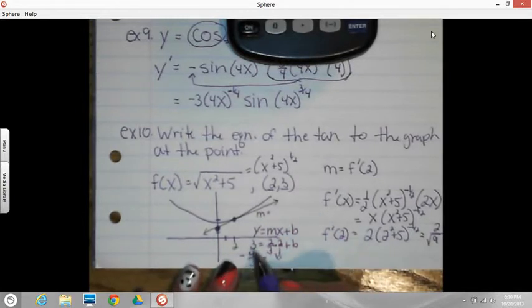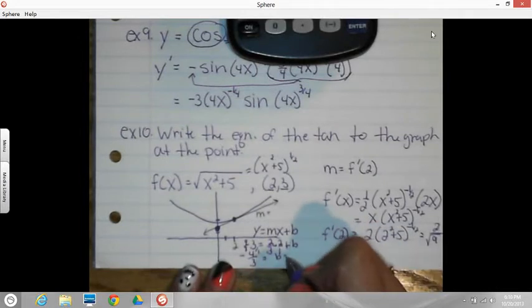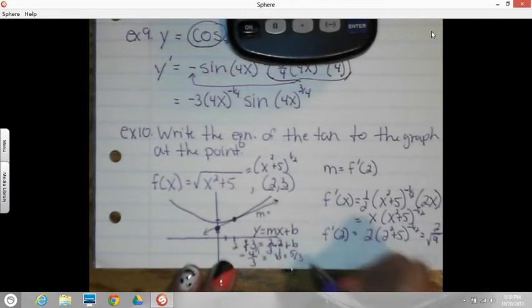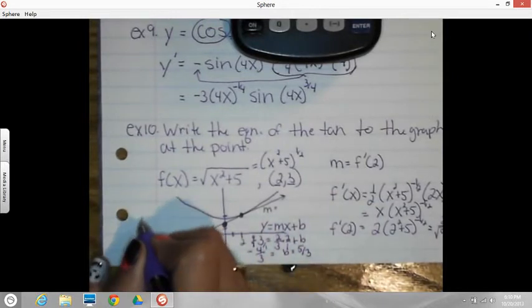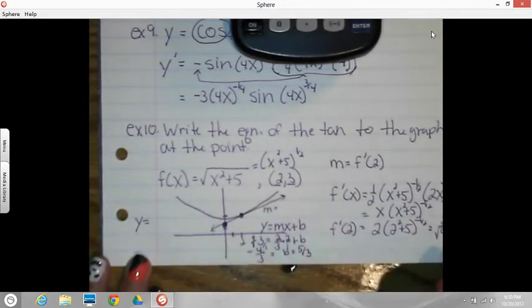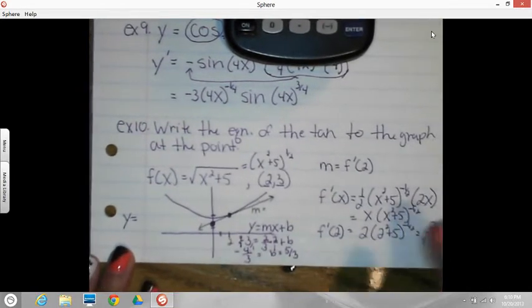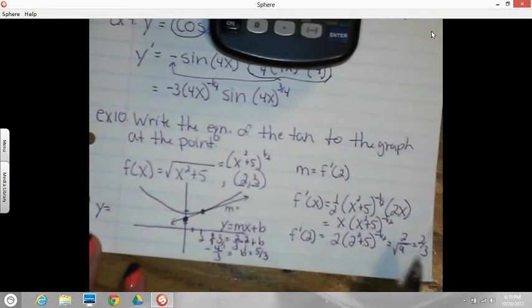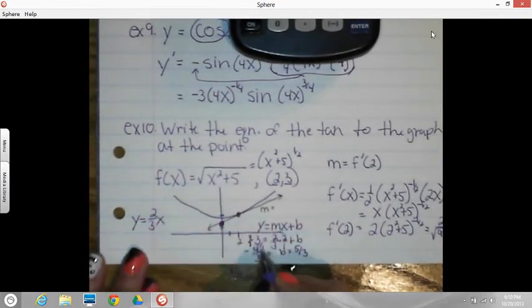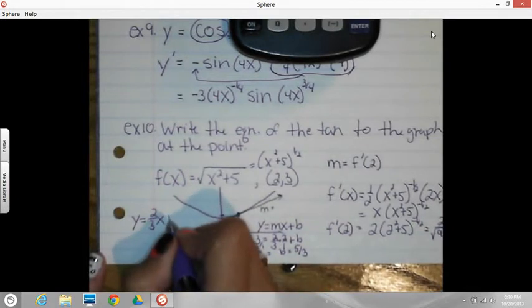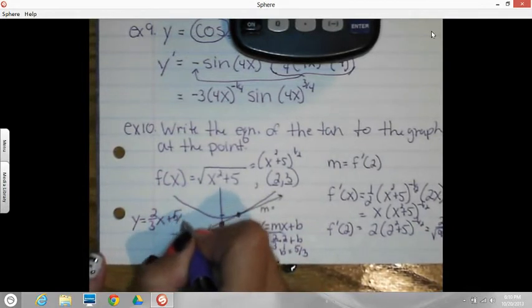So that will be 9/3 is still 3. Common denominator, 3 over 1. 9/3 minus 4/3 is 5/3. So my equation for that line is going to be y equals, the m was the 2/3, so 2/3 x, and the b that's going to cross at 5/3, plus 5/3.